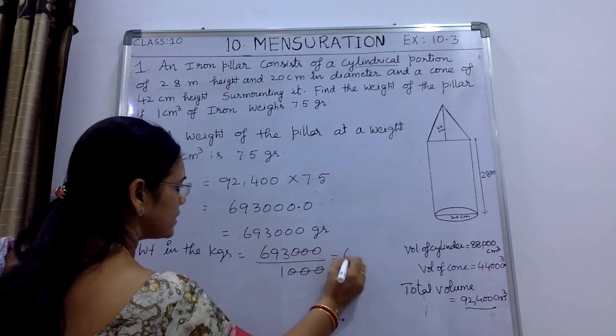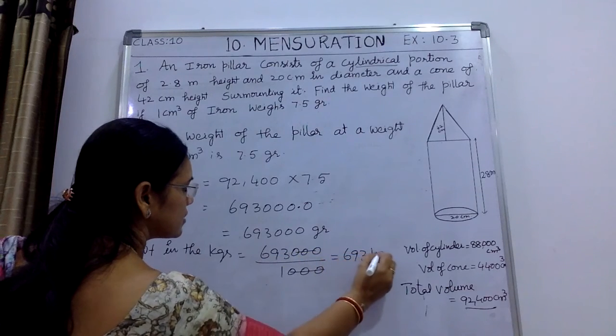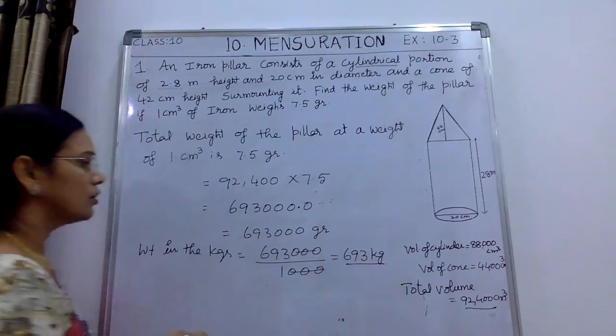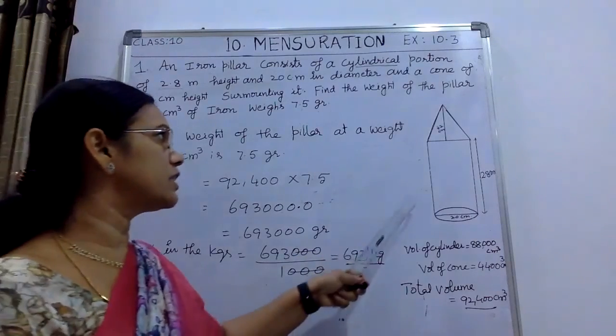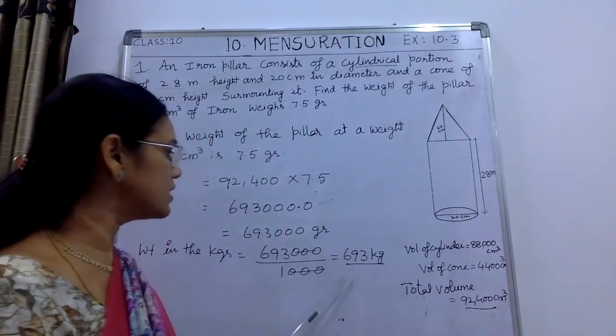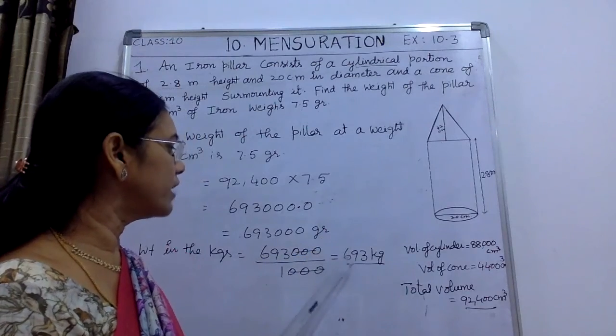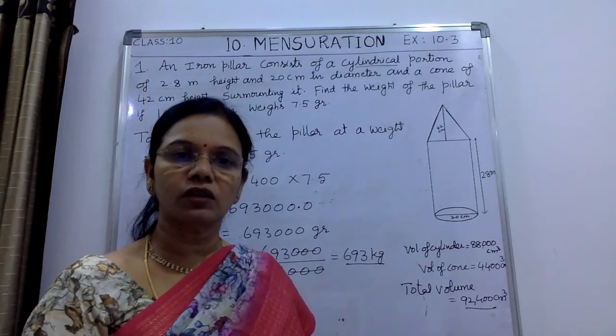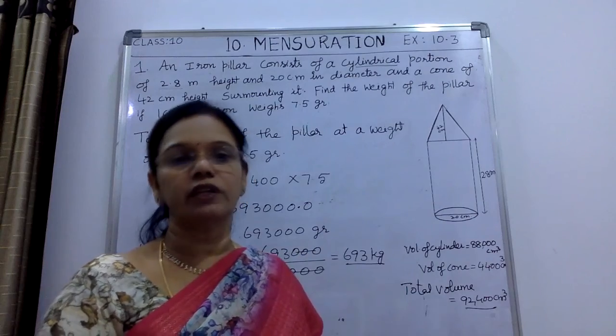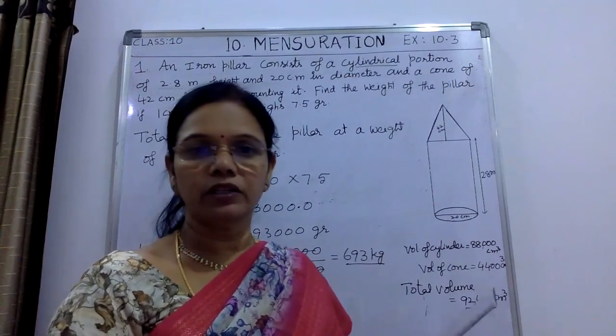We are going to get 693 kgs. So now we found the weight of the pillar, which is a combination of cylindrical and conical portions. Here the total weight is 693 kgs. So in this way we need to solve the problems where we need to find the weight of the given combination of solids.